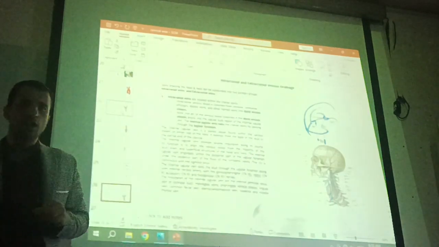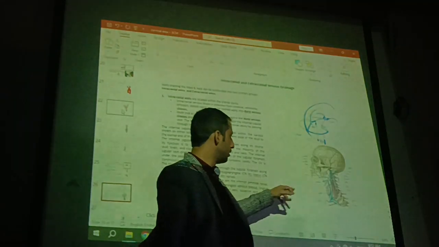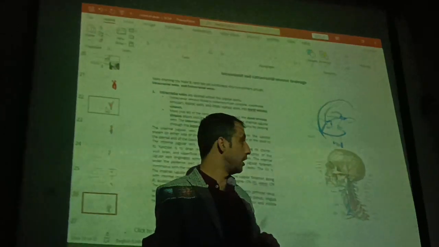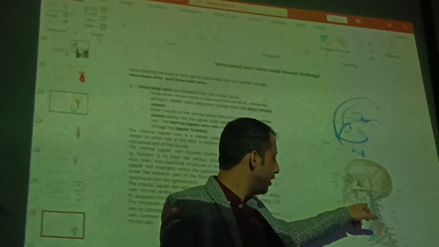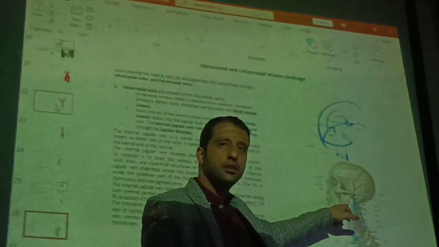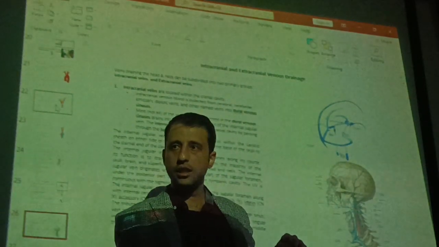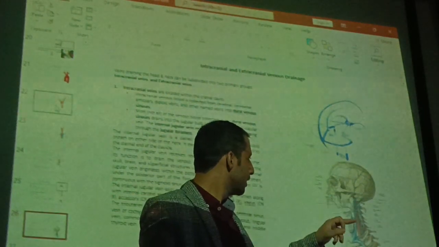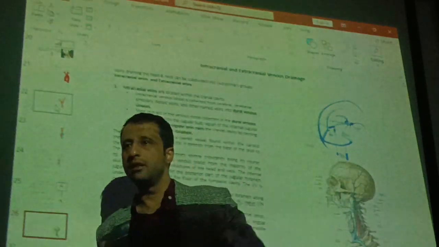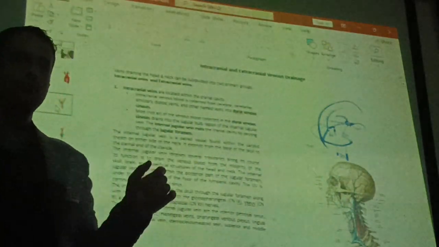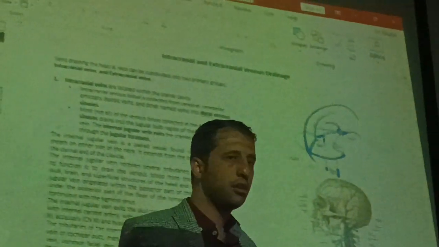Superior and middle thyroid vein drain to the internal jugular vein. Here, which vein? Facial vein. Yes, facial vein. Lingual vein. Facial vein. Superior and middle thyroid vein.